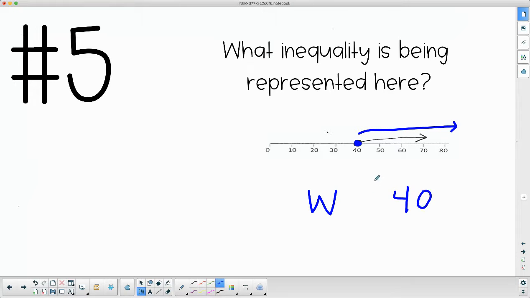I'm going to let you fill in the sign that would go here. So it has to be greater than 40. W is bigger than 40, and it could be 40. It could be 50. It could even be 40.001. And those would all be greater than 40 and could equal W.